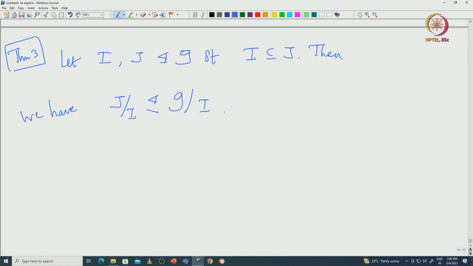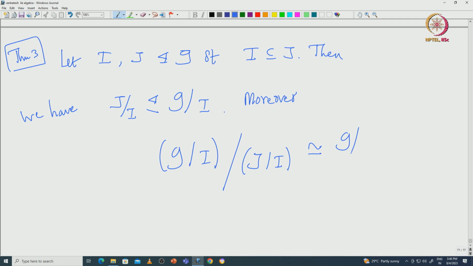Now, furthermore, moreover, we can construct this G modulo I modulo J modulo I. This is what I call quotient of quotient, but indeed what happens is that this quotient of quotient becomes isomorphic to just G modulo J. So, this is just a quotient, we are not getting anything new.